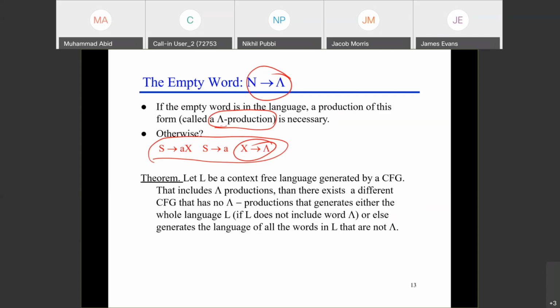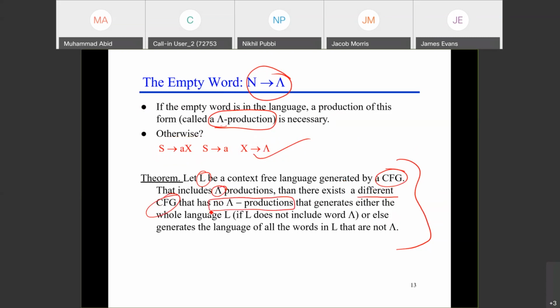So what this theorem says is that if you have a language L represented by a context-free grammar and it has a lambda production like this, then there must exist a different context-free grammar which has no lambda productions, but both represent the same language other than lambda.